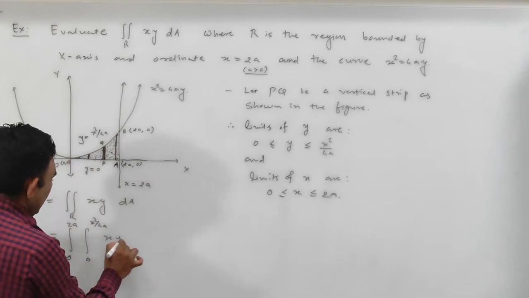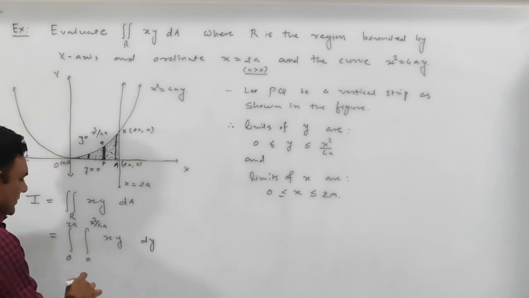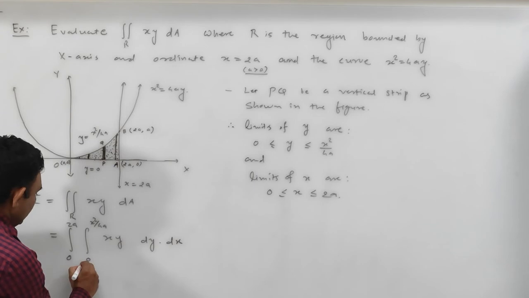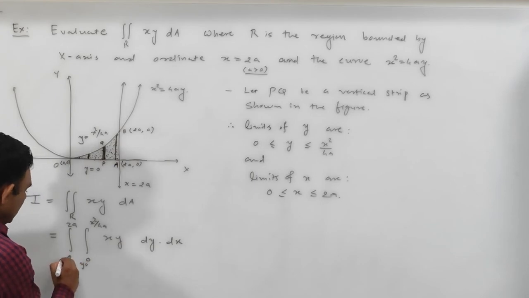These are limits of y, so I will write dy first, and these are limits of x, so it is dx.